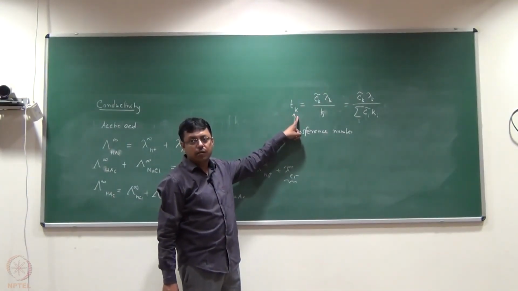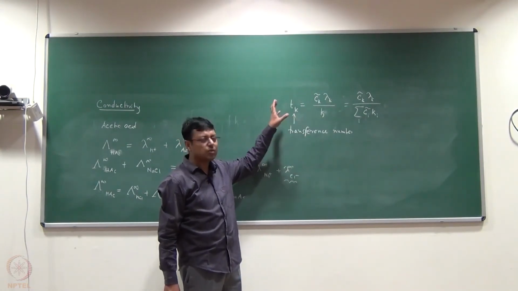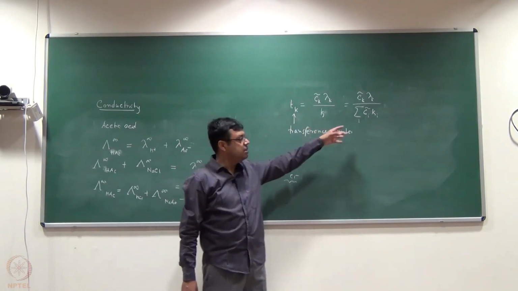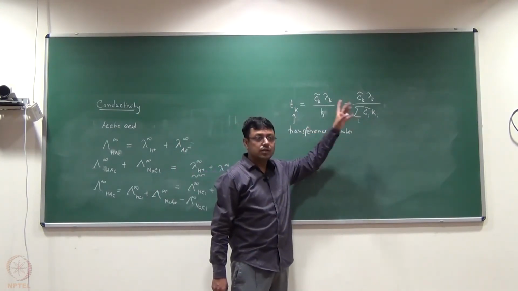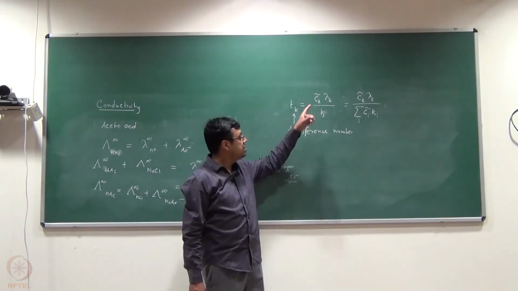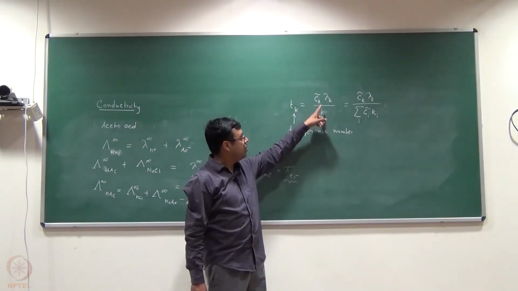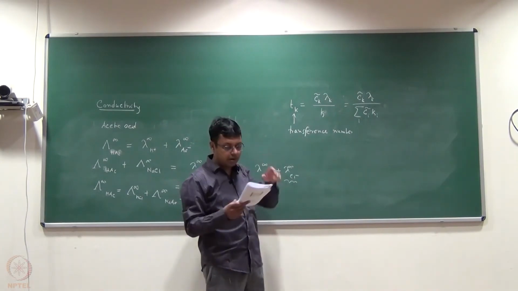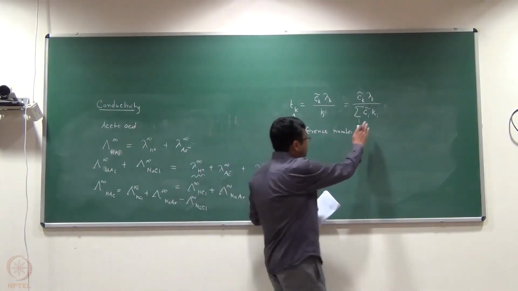Now, the transport number of a particular ion. Suppose I have sodium chloride, potassium chloride, and all in water. Then I have many species here. So the transport number of a particular ion is defined as C into lambda of that ion divided by the sum of C into lambda.